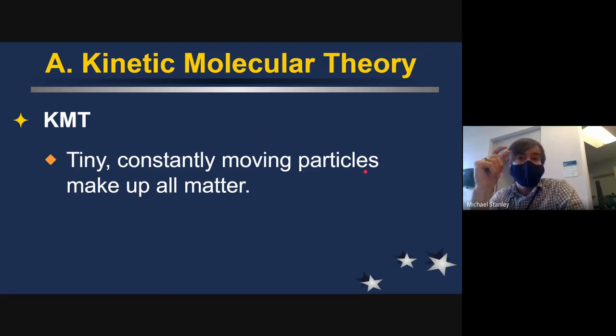These tiny atoms make up the matter. And one of the things that scientists found about the atoms that make up the matter in the universe is that they are constantly moving. Whether they're moving around really fast, or they're barely moving, or they're just vibrating in place, they're doing some sort of movement.